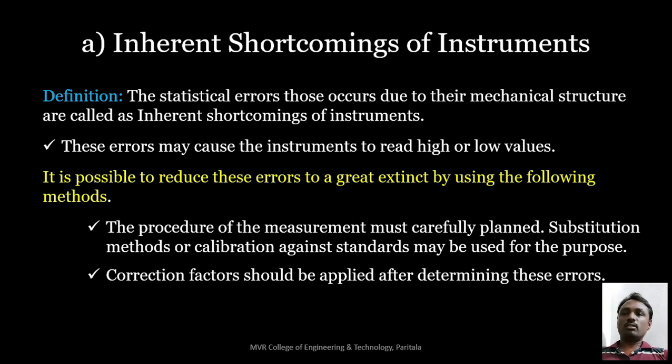So it must be precise. Precise means the same deviation for all successive operations, the same 2 volts every time, so that we can calibrate them. By calibrating them, we can apply correction factors. What is the correction factor here? In this example, 2 volts is the correction factor. Sometimes it may be plus or sometimes minus.